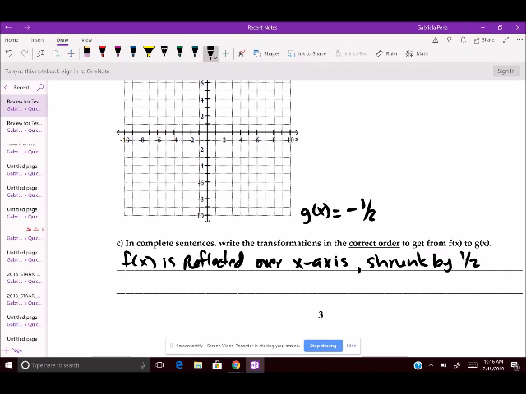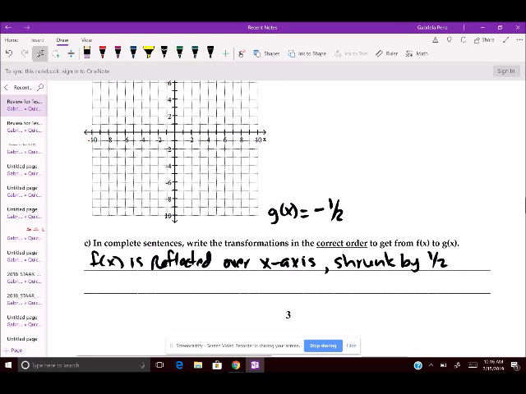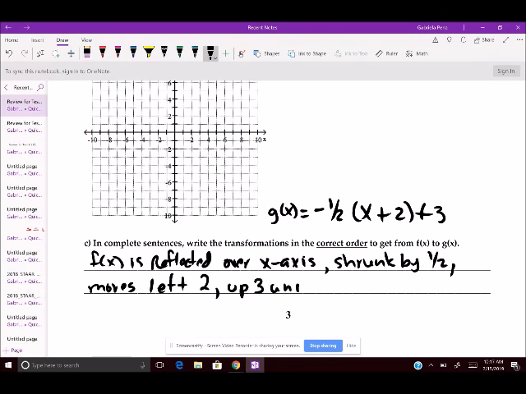Factor of 1/2. This means what? Moves left 2 or 2 units to the left. And the +3 outside means what? Up 3 units to get g of x.